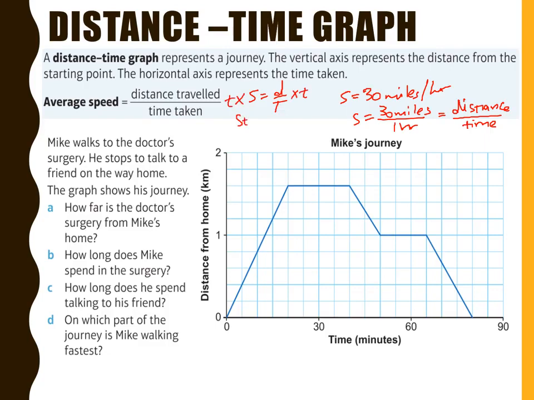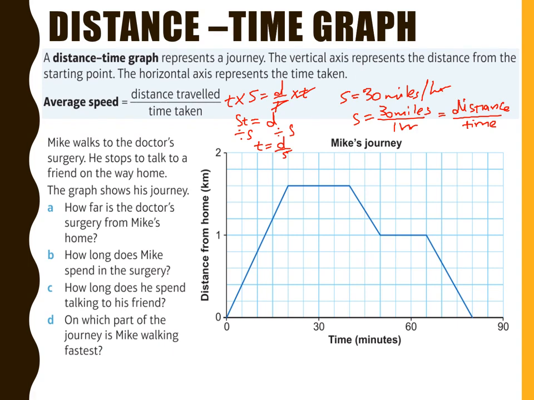I would get st equals d, because these two cancel. Then I'll divide by s on both sides. I'll end up with t equals d divided by s, distance over speed. You just need to know one formula in order to manipulate it, but you also need to know how to do algebra in order to manipulate that one formula. Okay, that was just a diversion.